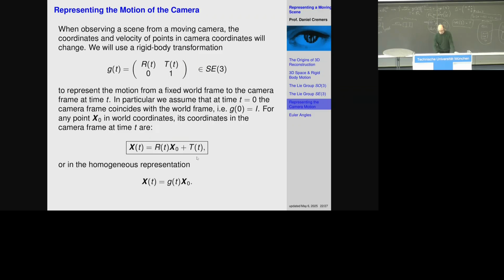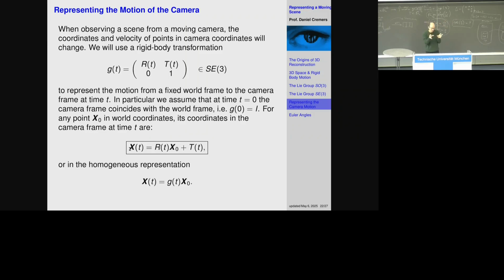So here the idea now, and this is introducing a bit of notation, is that we have a point in world coordinates. This is some point in the world, in some fixed world coordinate system. Then I observe that point from a camera that moves. Typically, once I have a moving camera, I would have a camera coordinate system.